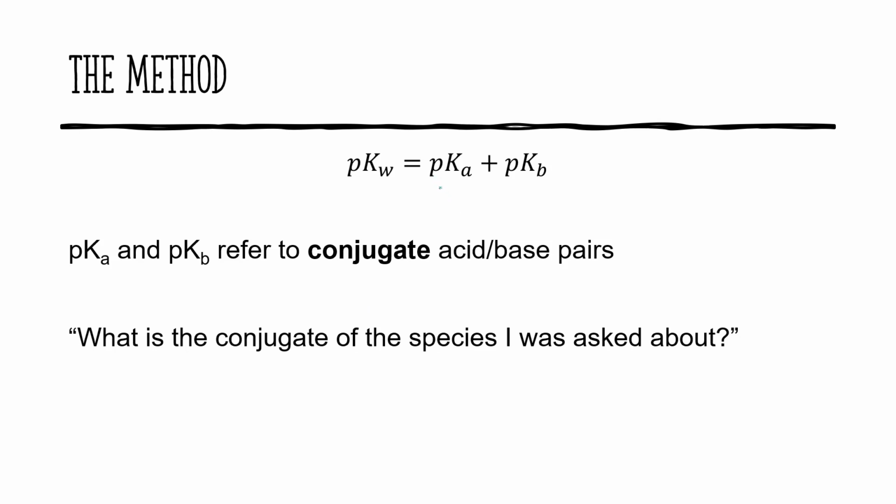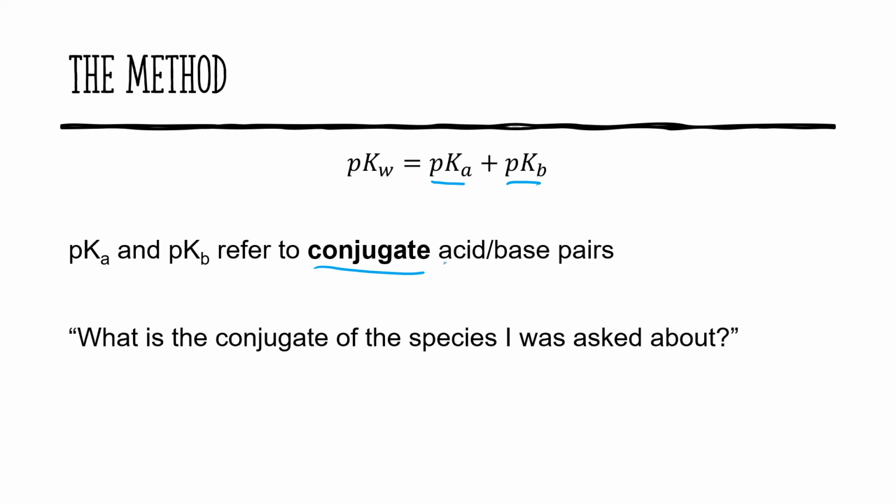What we need to realize is that in this equation, the pKa and pKb are conjugate acid-base pairs. This is something that's very easy to hear and think that one understands, even without understanding it.